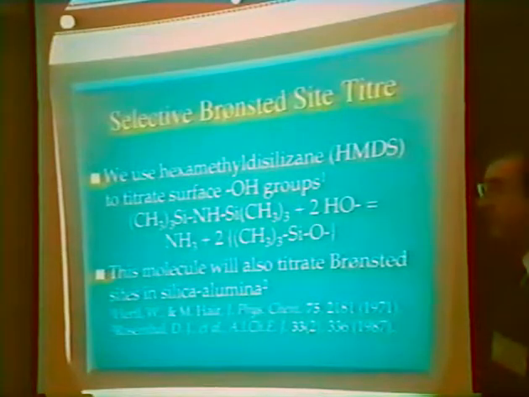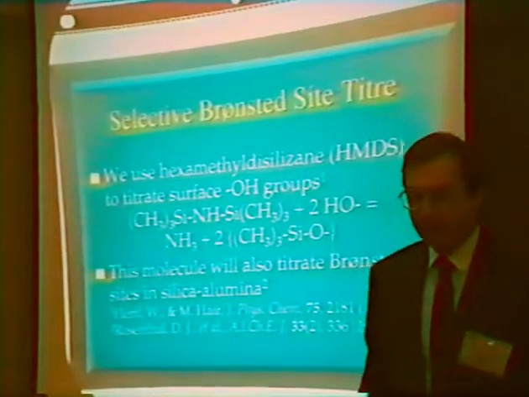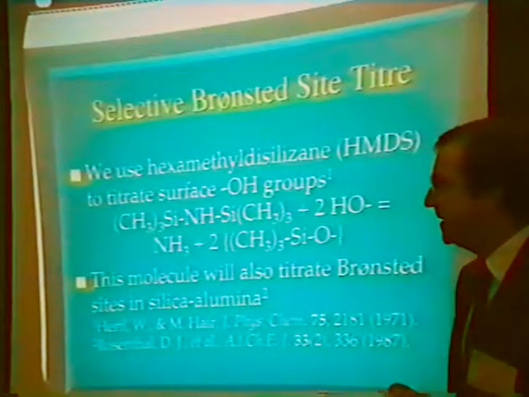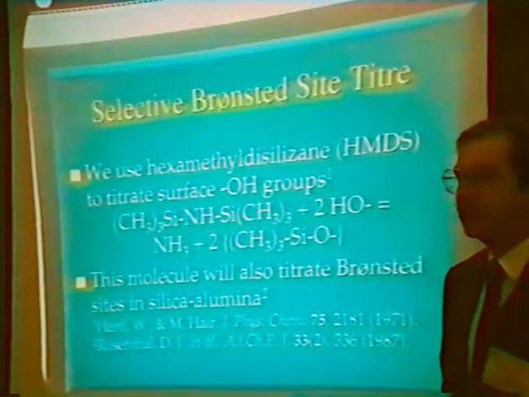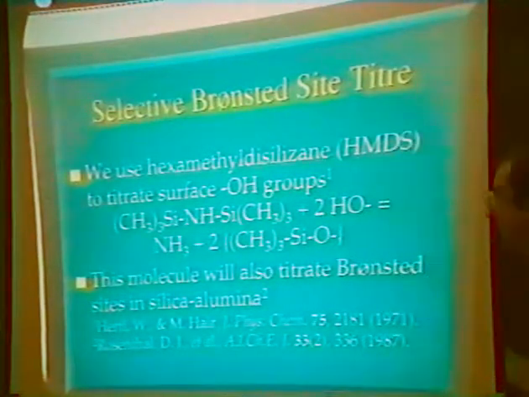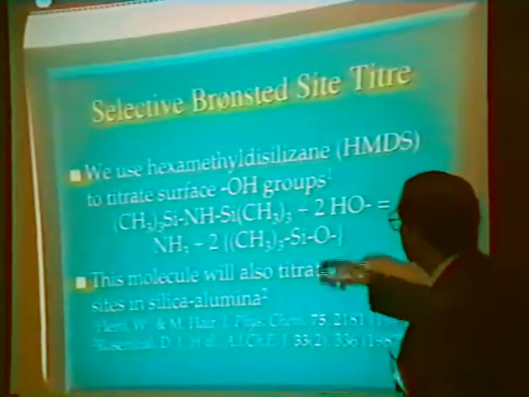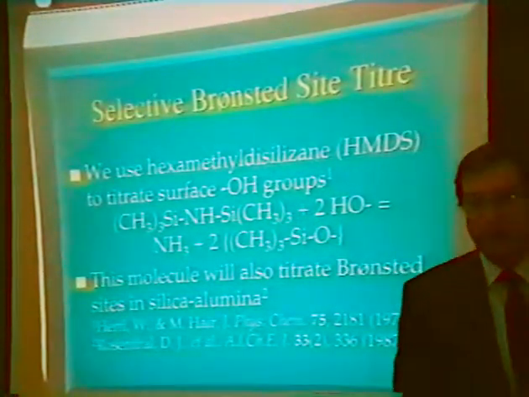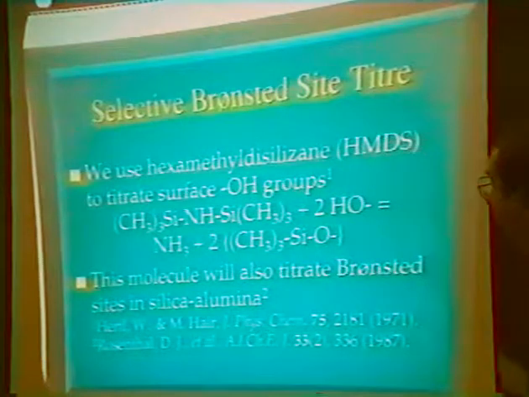Now, one of the other things we were interested in is the strength of the sites. Up to now, I've really not had any data to characterize the strength of the sites. It's just titration with a particular reaction. You're familiar with another, much stronger base that people have used to titrate OH groups on the surface, which is hexamethyldisilazane.